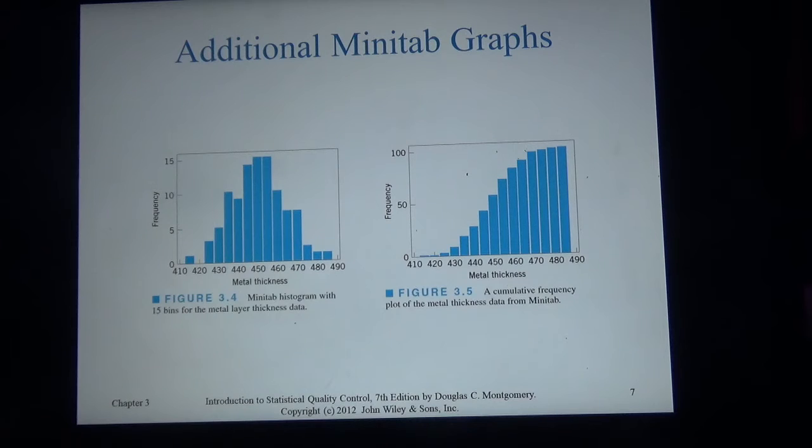Additional Minitab graphs can be seen in figure 3.5. There is a histogram, as we all know, but in figure 3.5 they drew the cumulative frequency plot of the data. Now, how do we draw the cumulative frequency plot?